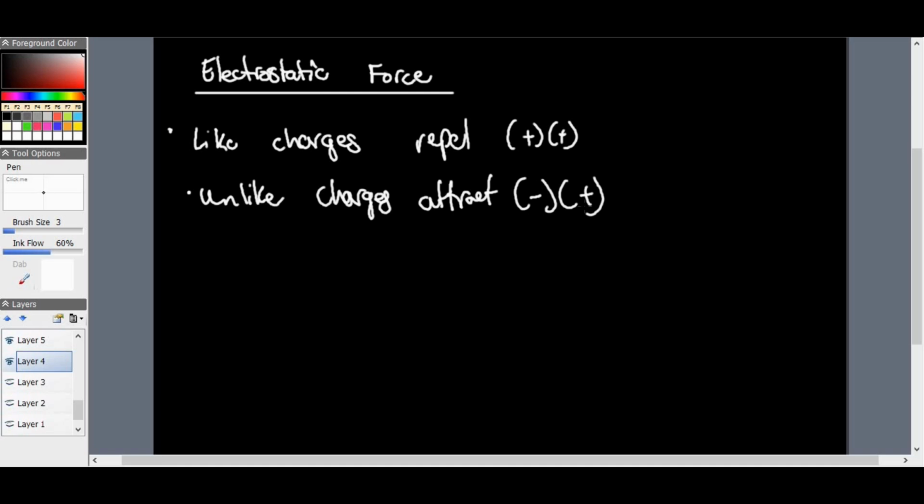Now if we have a look at the work done by friction, which you get to learn a little bit more in depth in grade 10 as well as 11 and 12. If you take two objects together, sometimes rubbing two objects next to each other can create a spark. It can create fire.